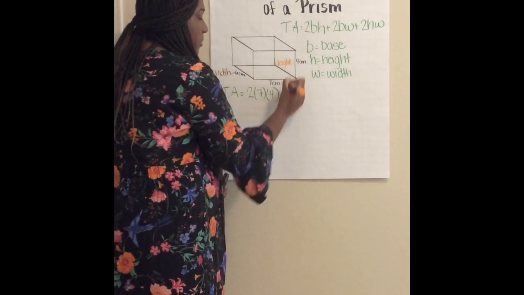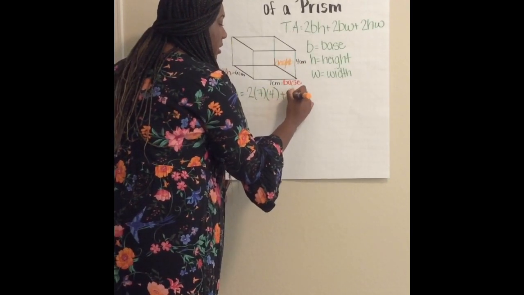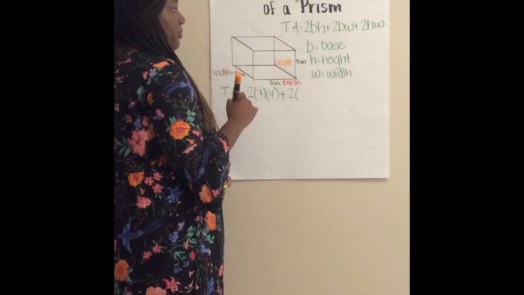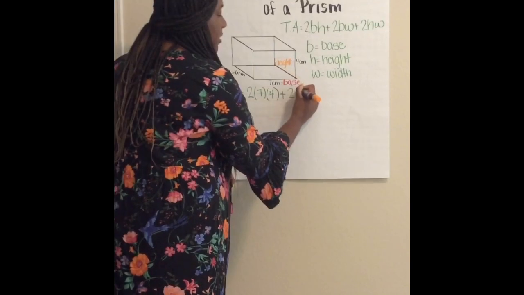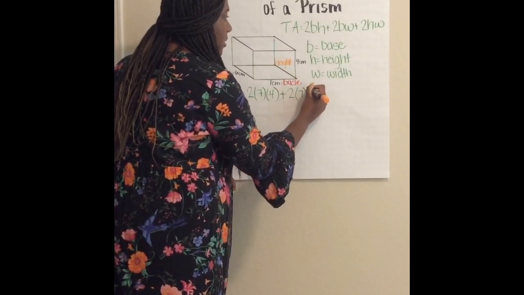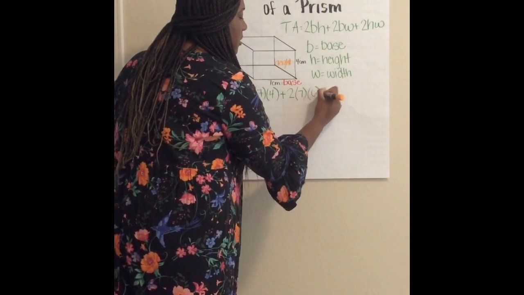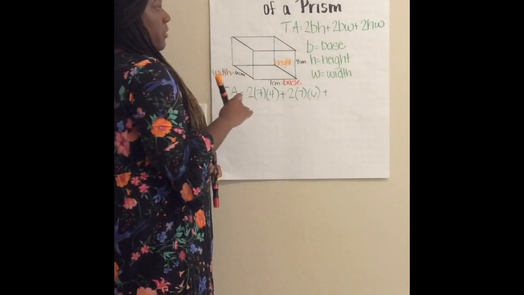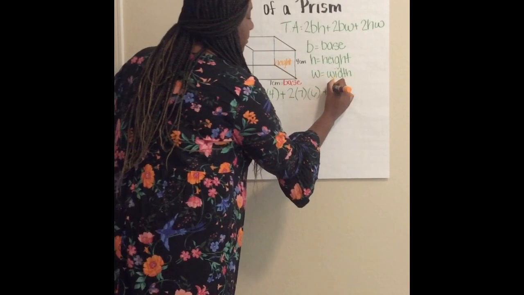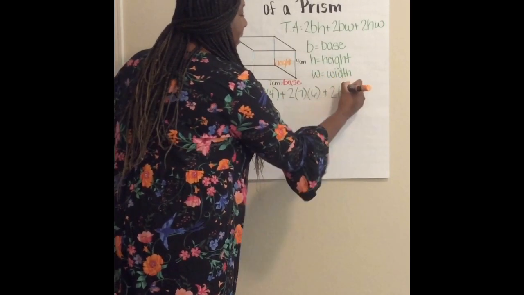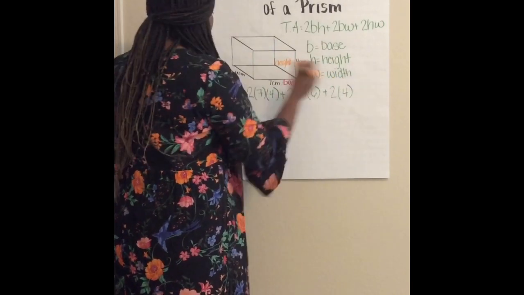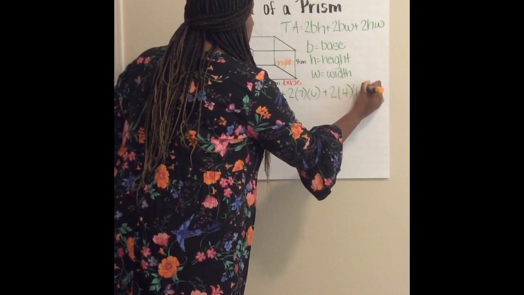Open it, close it. Bring down your plus sign. We have another 2. We have our base again, which is 7. Our width is what? 6. So now we on our last one. We have our 2. Our height is 4. Our width is what? 6.